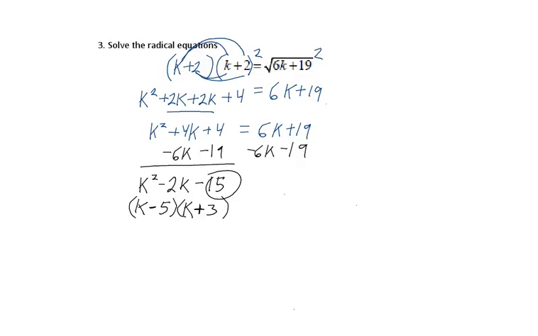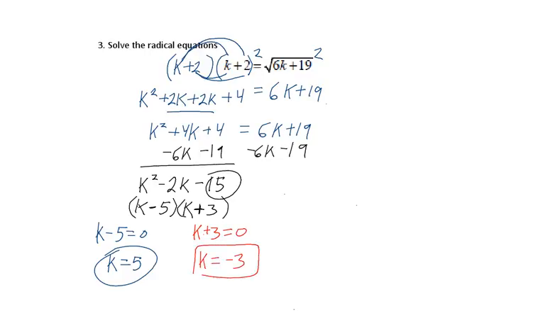We can now treat this as two separate problems. So k minus 5 equals 0, means k equals 5. And k plus 3 equals 0 means k equals negative 3.